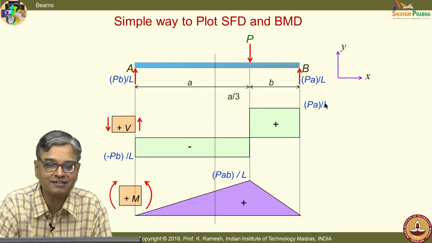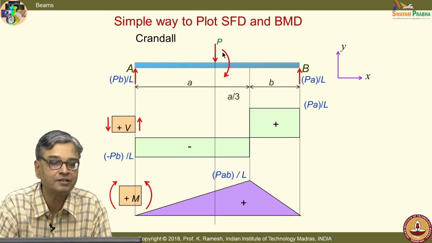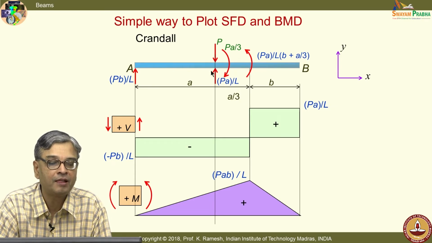Okay. Now, let me translate this force. I cannot simply translate this force. I should also have a couple, that is PA by 3. Mind you, these are all acting at this point. For clarity, I have put them over here. Do not take it that this is acting at a distance. These are all acting at the selected section. So, this force has given me the couple PA by 3, and this force has given me the couple PA by L into B plus A by 3.